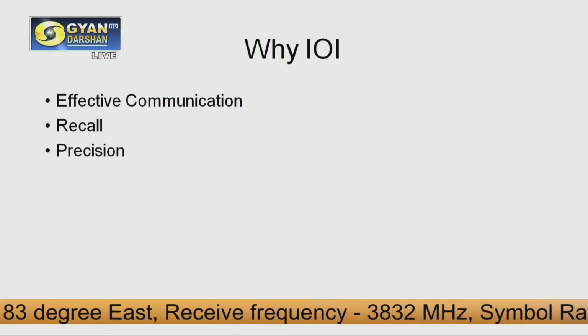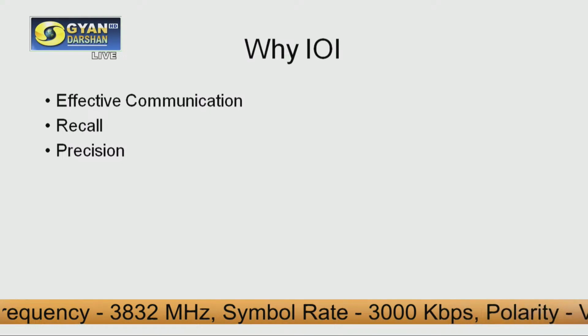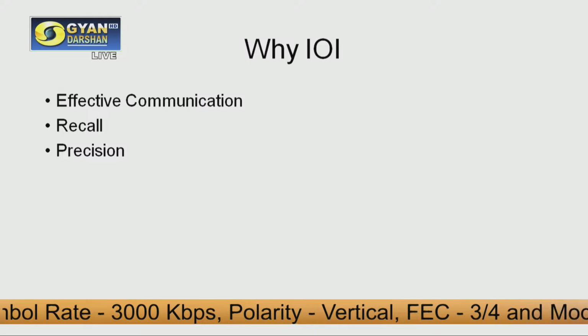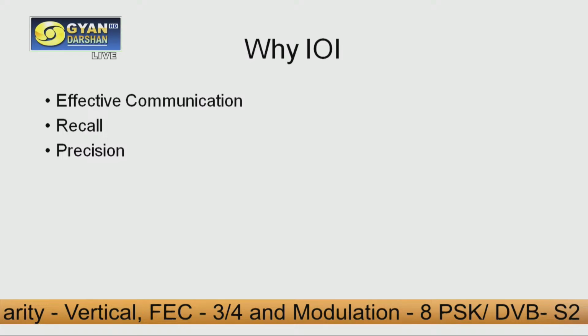Now, why should intellectual organization of information be done? You all know that if information doesn't make sense to someone, then there is no point doing it. And for that, the basic criterion is the intellectual organization of information. When you put things thematically in order, the process that goes behind it is intellectual organization of information.